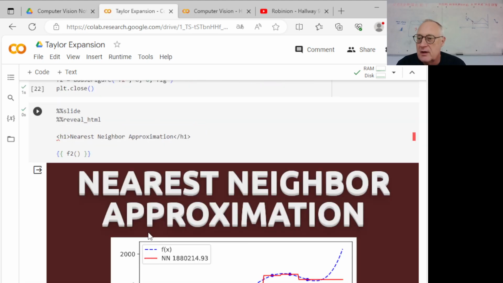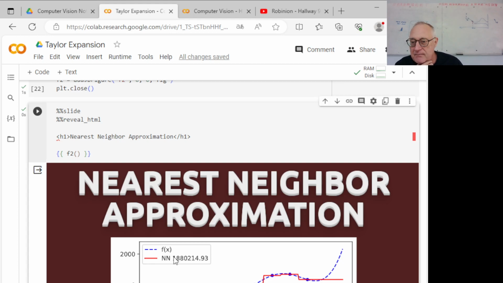So for the function that we have, this will be the nearest neighbor approximation. You can see that its error is very high, right? 1.8 million. 1880214.93, so it's a very large error there. But you can also see that most of the error is not where I actually have points.